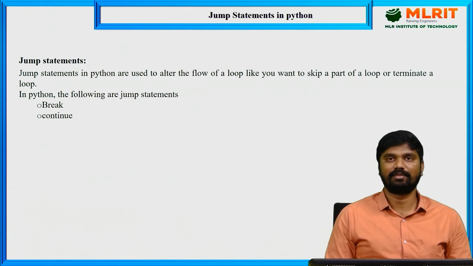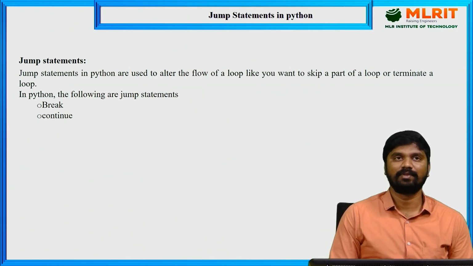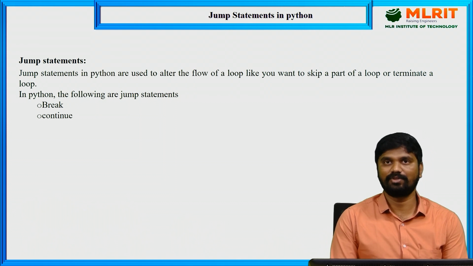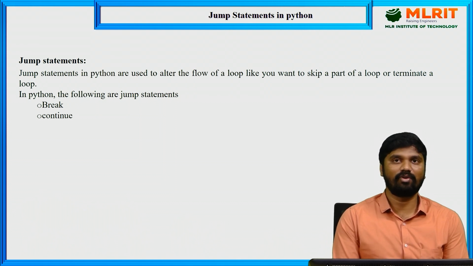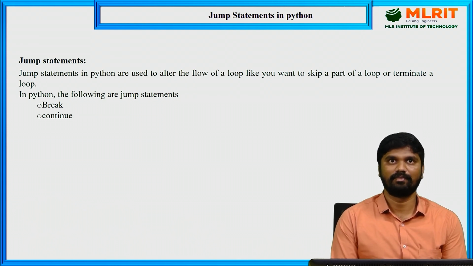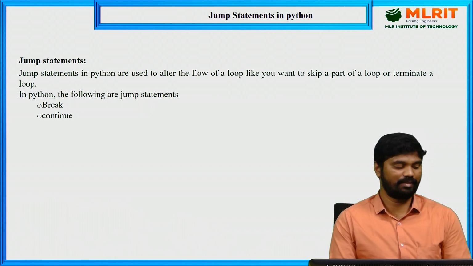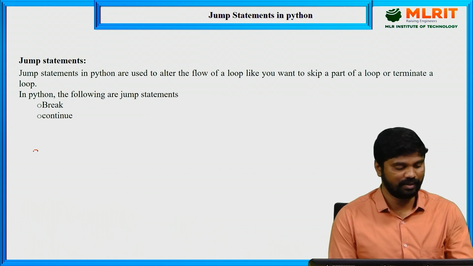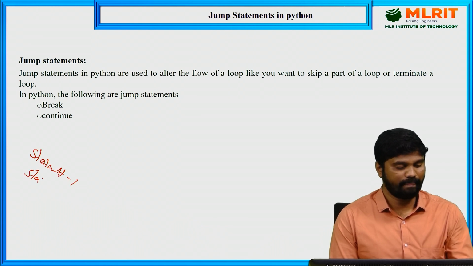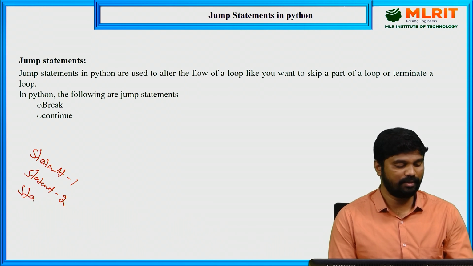Next we have jump statements. So what are jump statements? Jump statements in Python are used to change the flow of execution of a loop or conditional statements. They let execution jump from one statement to another. For example, here we have statement 1, statement 2, and then statement 3.